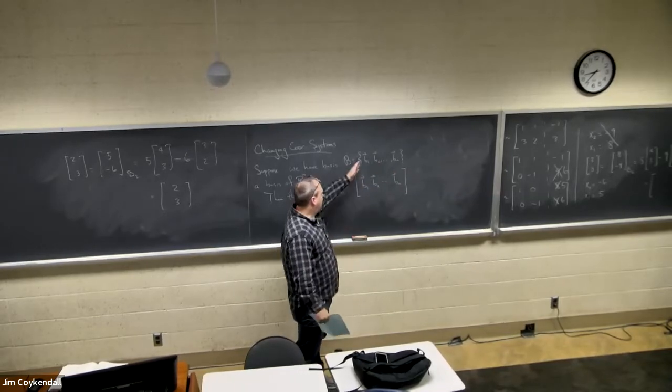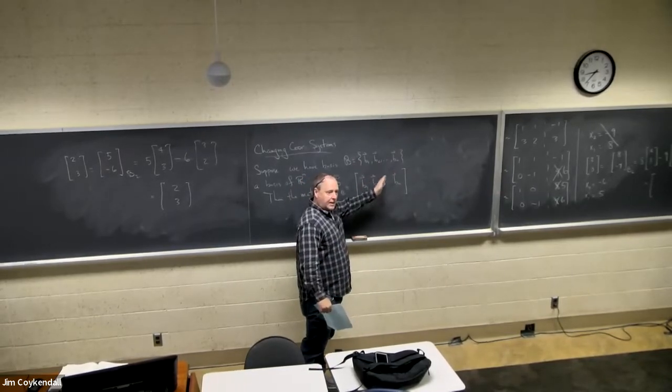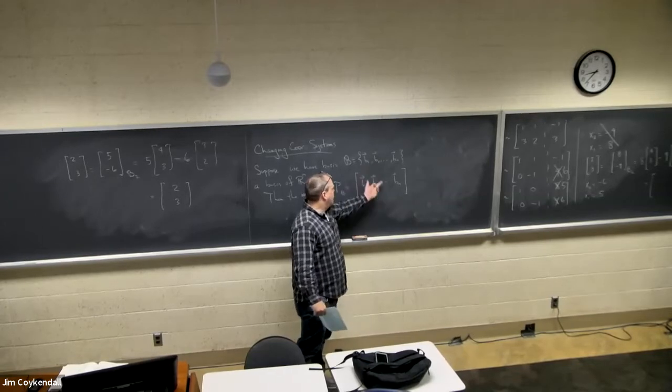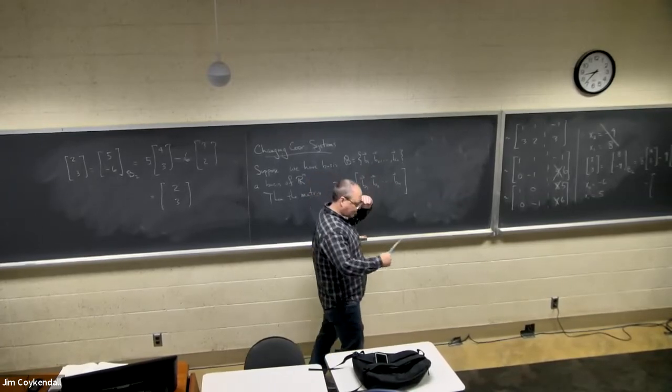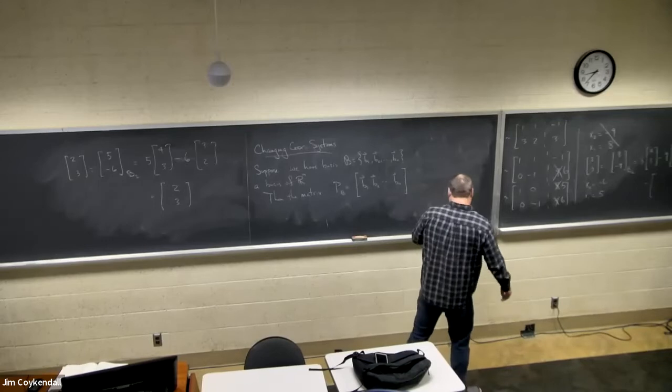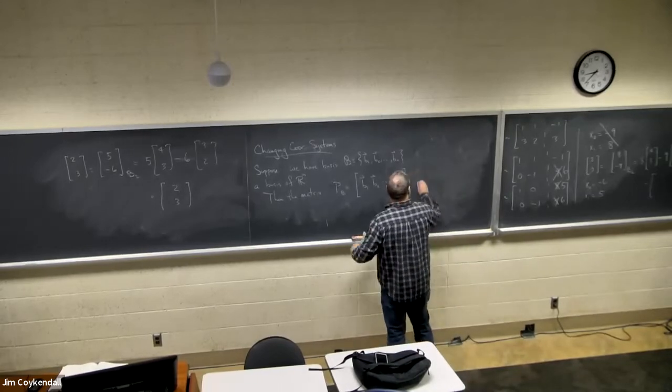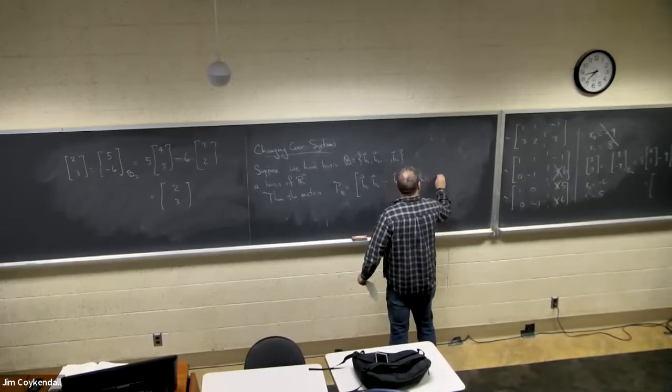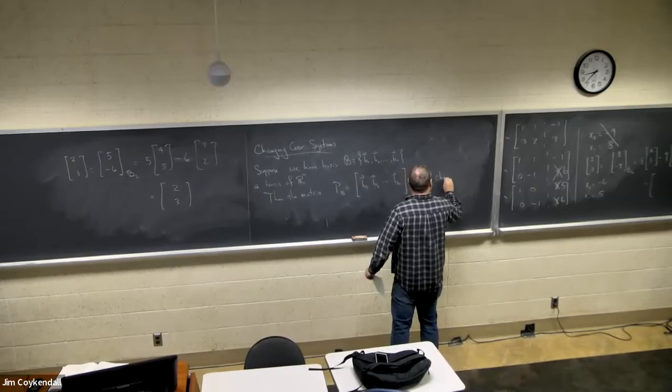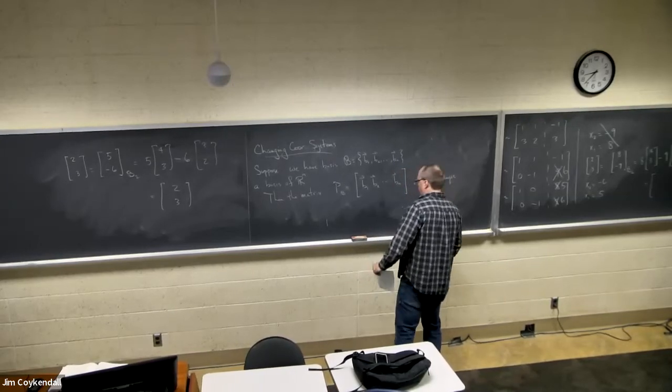If you take this basis and make the vectors the columns of a matrix, this is an invertible matrix, of course.